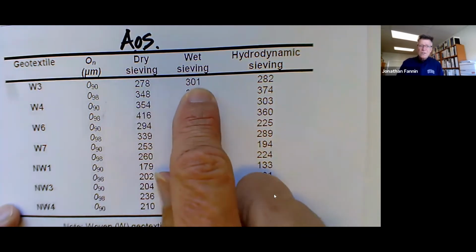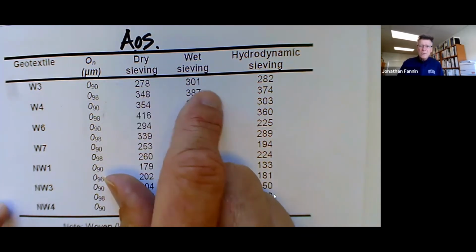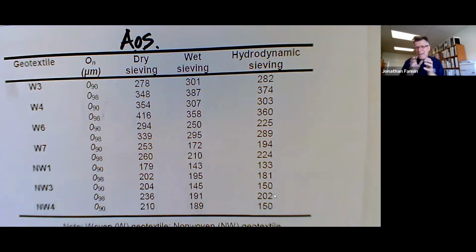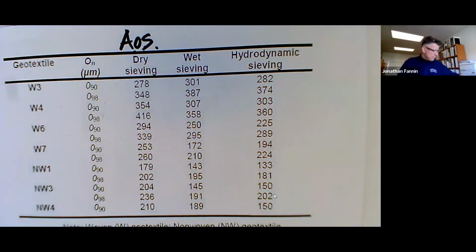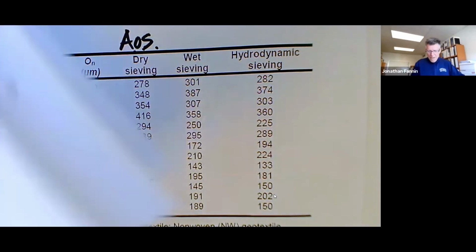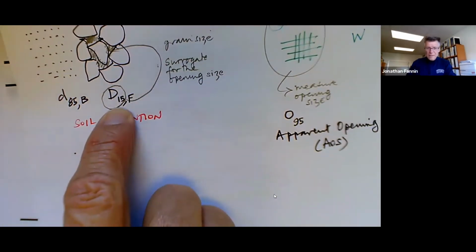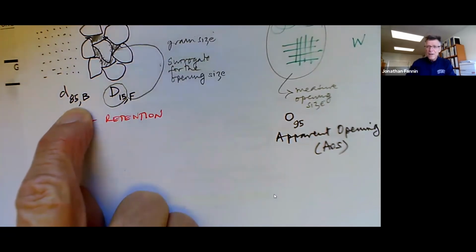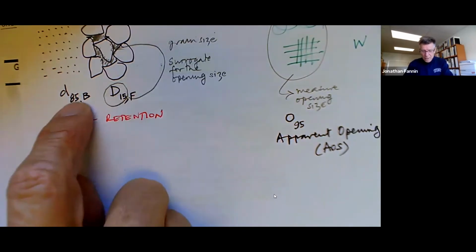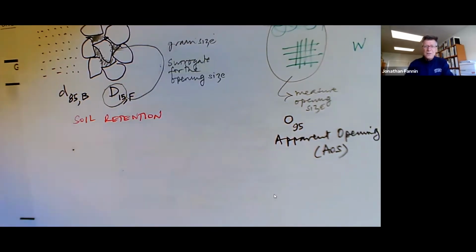The wet sieving is not giving you the same exact opening size, just because there's a little bit of different energy going through there. And so we end up with an empirical design approach, a little bit like Terzaghi's empirical design approach, matching D15, typically by dry sieving, to D85, typically from dry sieving. And it could be D85 of less than the number 4 sieve.